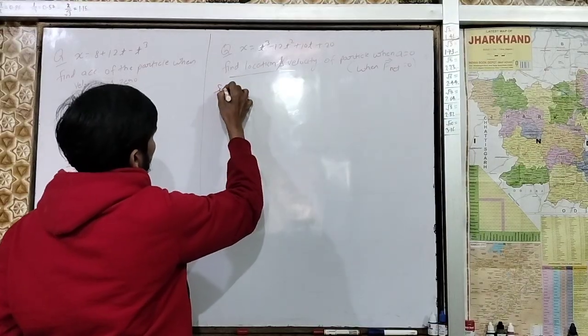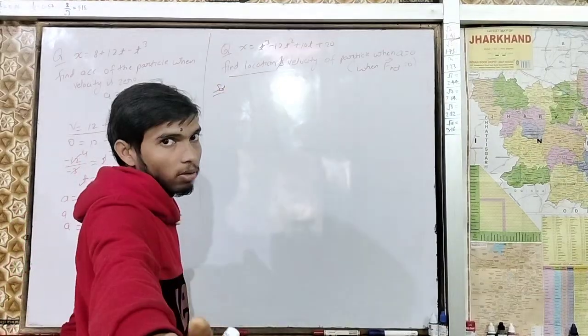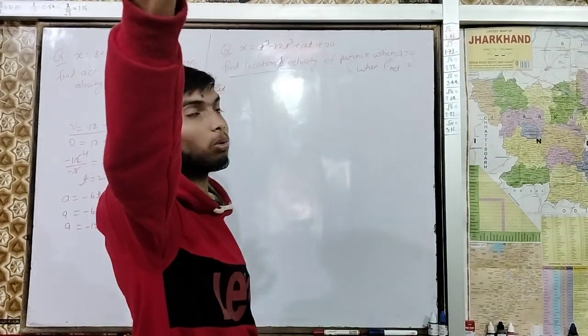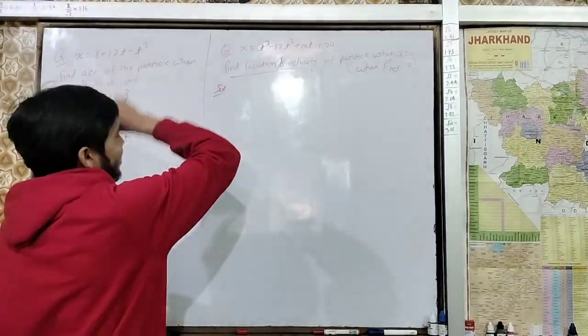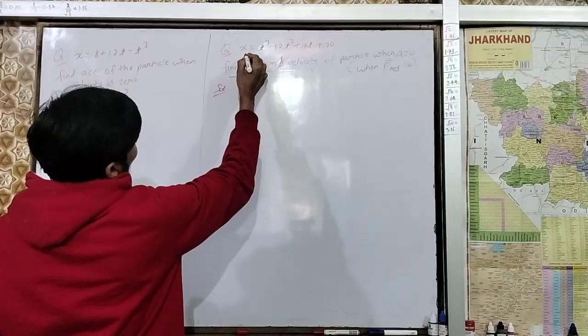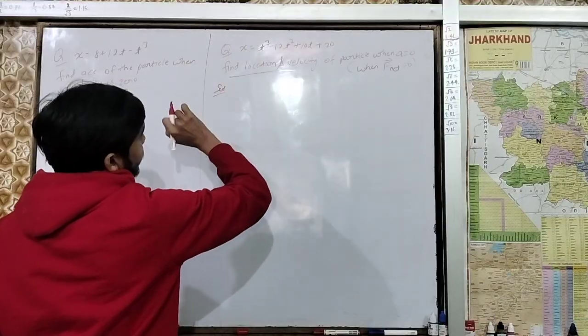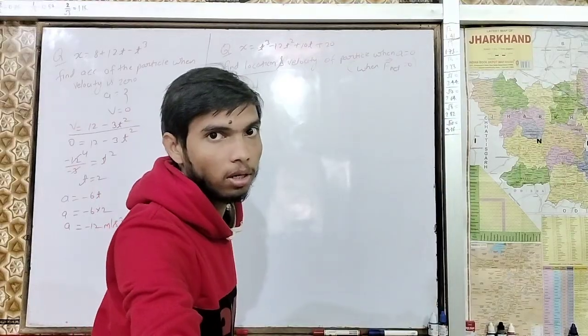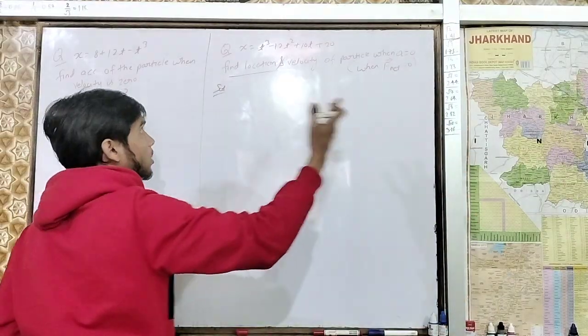So we can find velocity. I have started solving this question. You can see what I am going to do to solve it. x is given. Differentiation of this will give us velocity. Differentiation of velocity will give us acceleration.